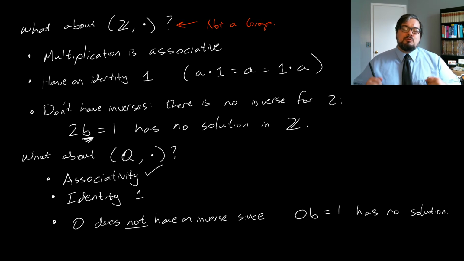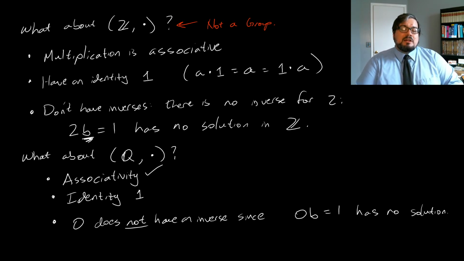When we move to the rational numbers with multiplication, almost all of our elements have inverses. Every element of Q has an inverse under multiplication except for 0. And that's enough to make this set and operation pair not a group, because a group has to have an inverse for every single element in it. It's a very strong condition.